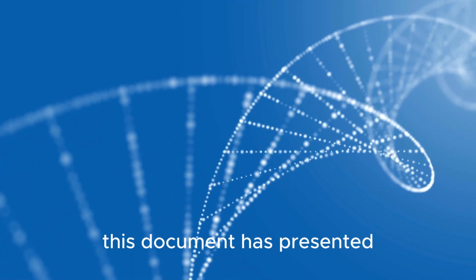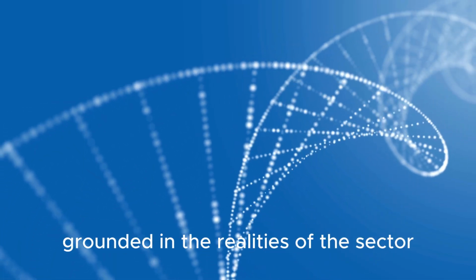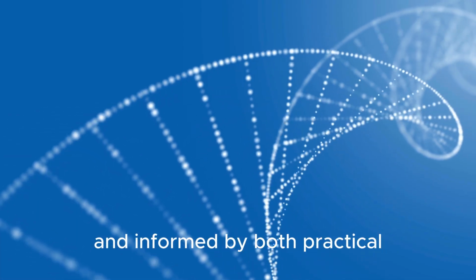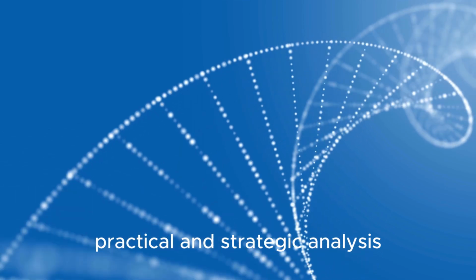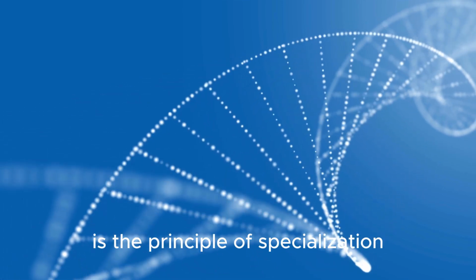This document has presented a comprehensive justification for such a model, grounded in the realities of the sector and informed by both practical and strategic analysis. At the core of this approach is the principle of specialization.